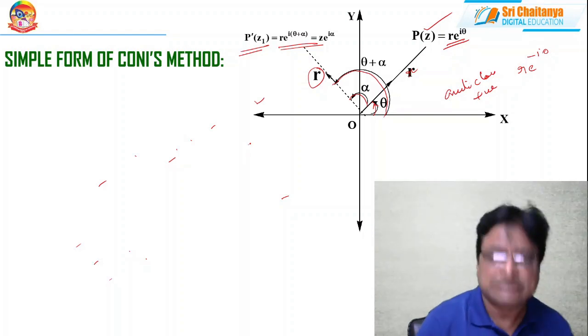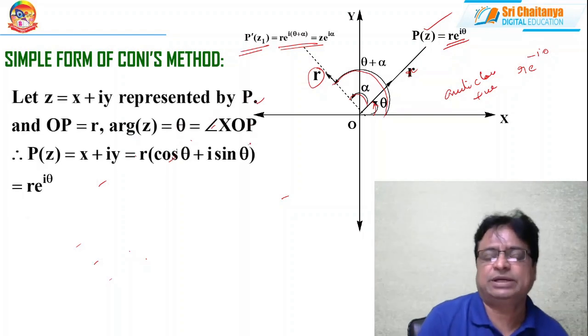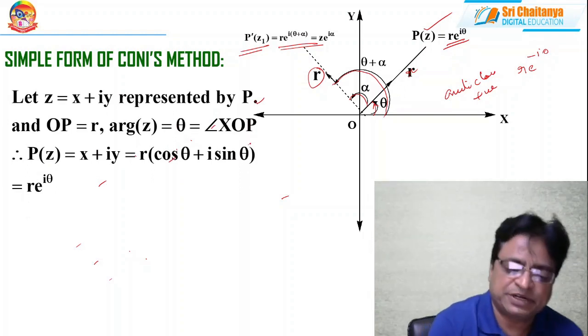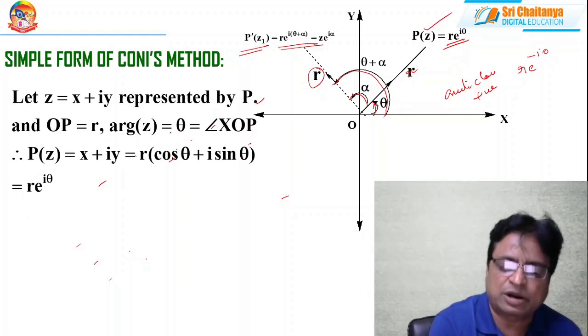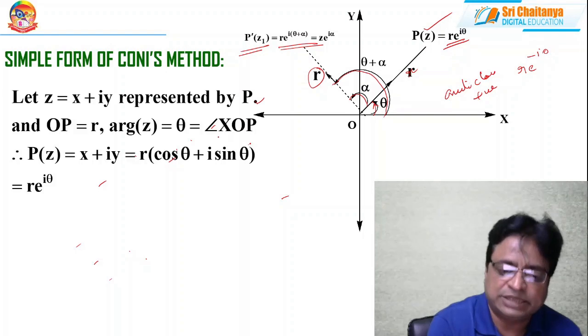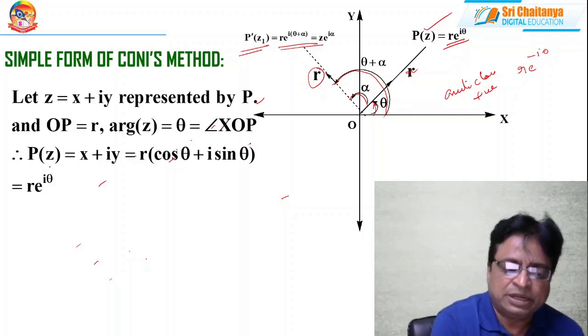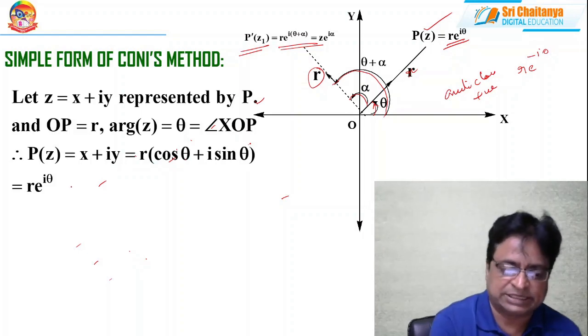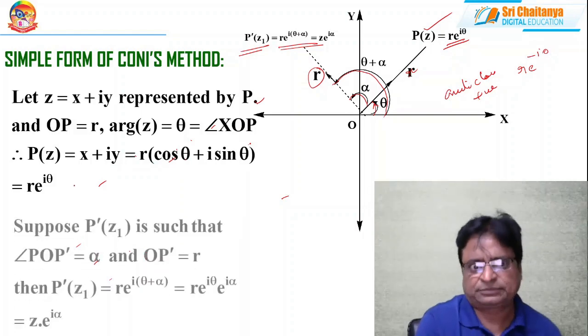This is the simplest form of the Coni's method. That's why let z is equal to x plus iy represented by P, and OP is equal to r, and the argument of z is equal to theta, that is angle XOP. Therefore, P of z is equal to x plus iy, that is r cos theta plus i sin theta, which is equal to r e power i theta.